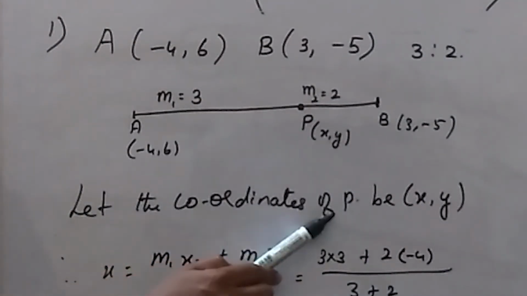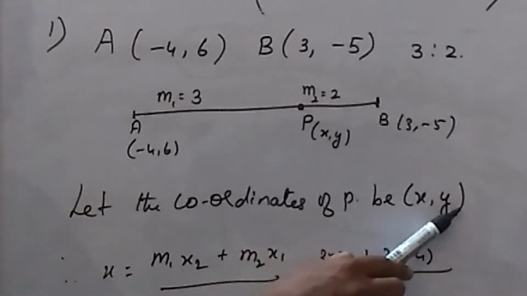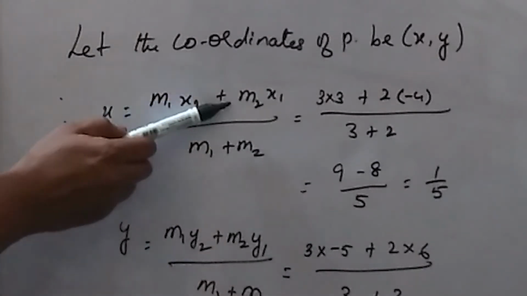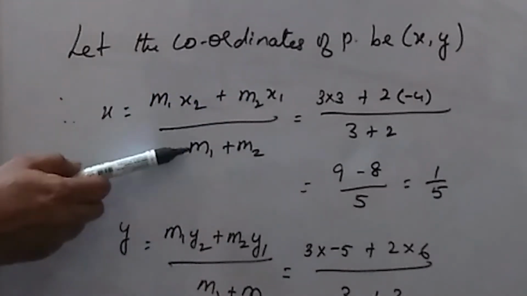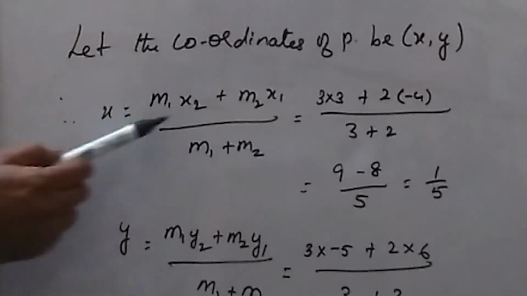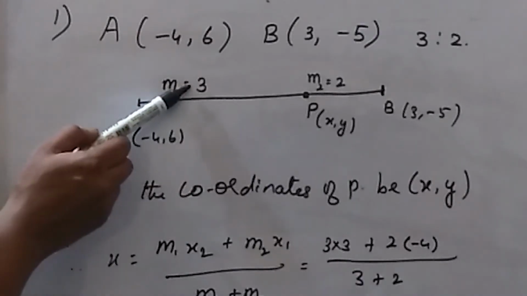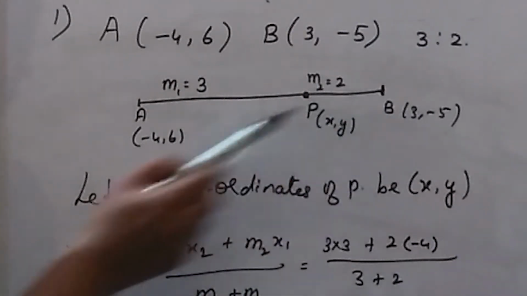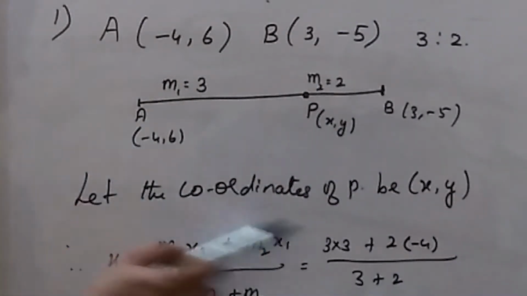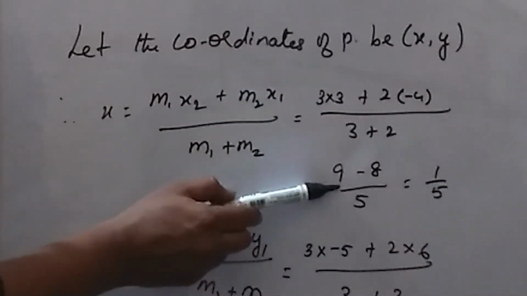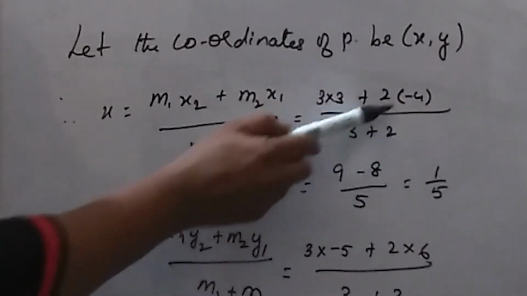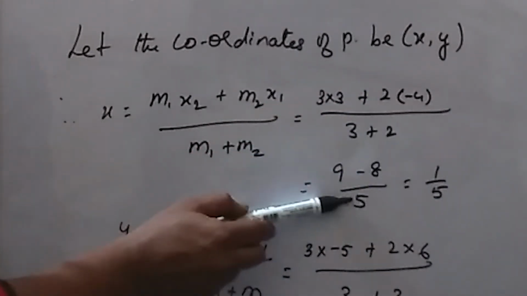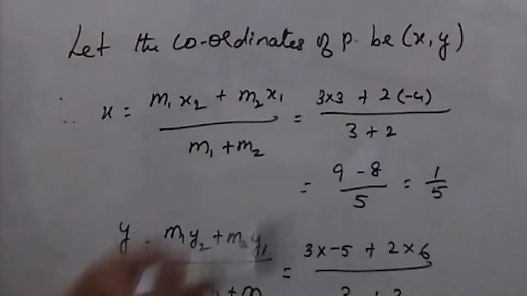Let the coordinates of point P be X and Y. X is equal to M1 X2 plus M2 X1 upon M1 plus M2. In place of M1 write 3, M2 write 2, X2 is 3 and X1 is minus 4. So 3 into 3 is 9, 2 fours are 8, and here it is minus, therefore minus 8. 9 minus 8 upon 5 is equal to 1 upon 5.